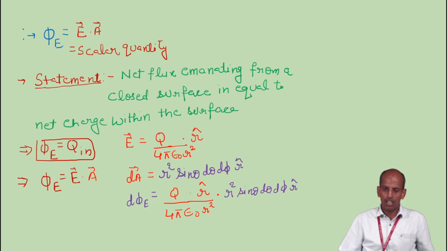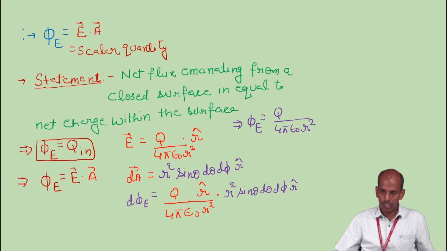You know that R hat dot R hat is 1, and if one is interested in finding the total flux, that needs to be integrated. So if you integrate this, it is Q by 4 pi epsilon naught R square, and this integration we all know is nothing but the surface area of a sphere. The surface area of a sphere is simply 4 pi R square.